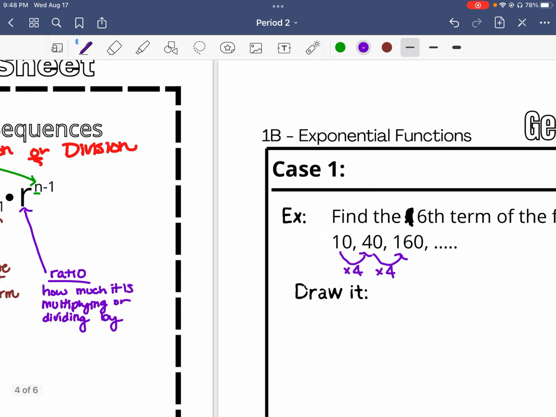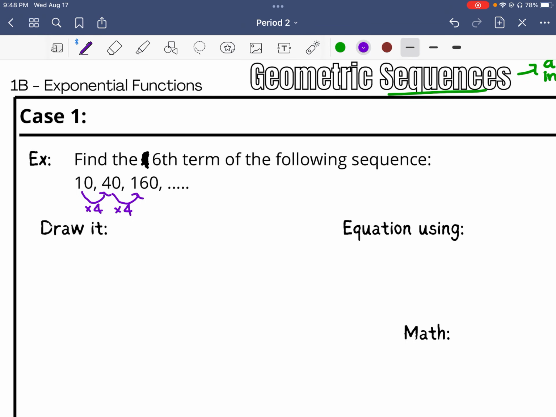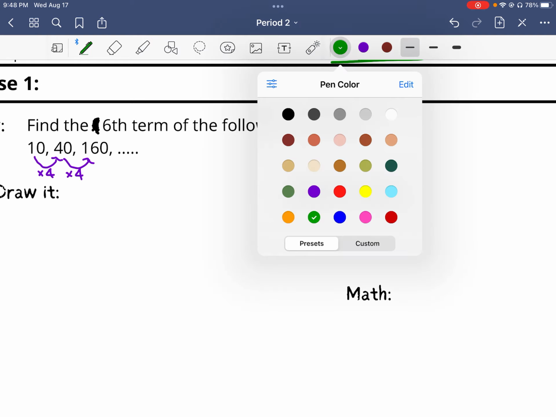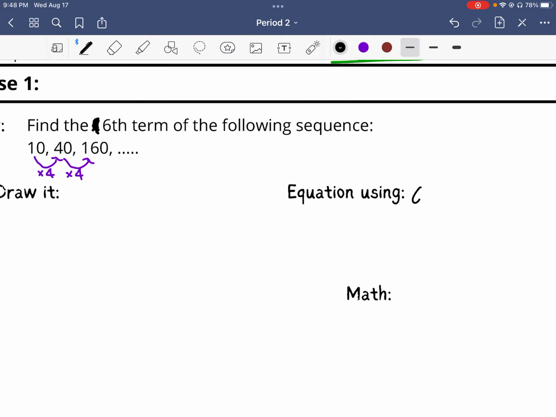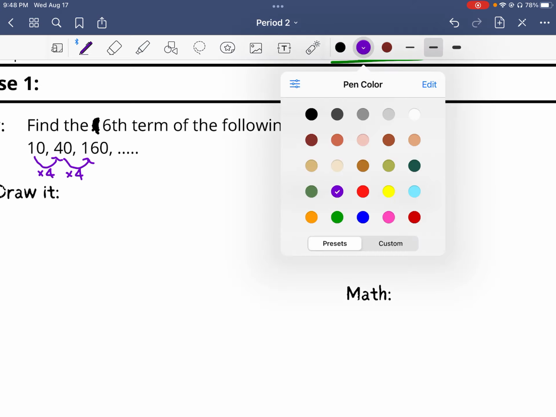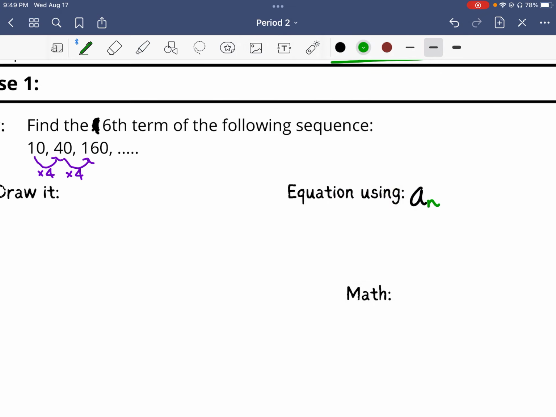So go ahead and fill this out. Let's copy down your equation over here. a_n, the nth term, equals a1 times r to the n minus 1.